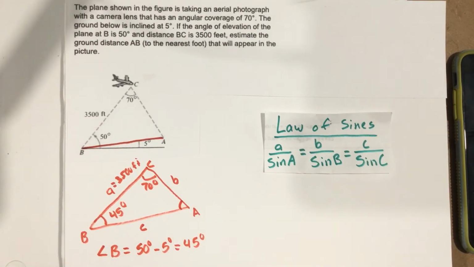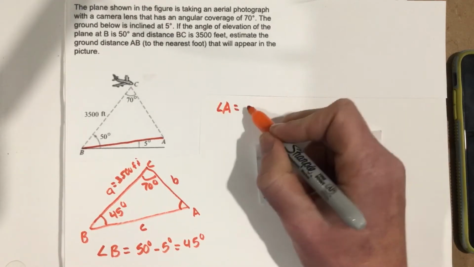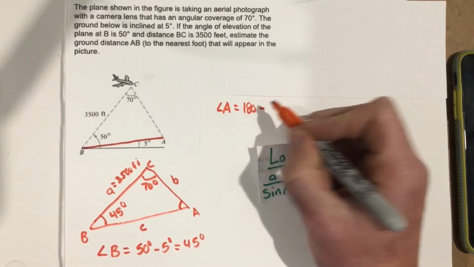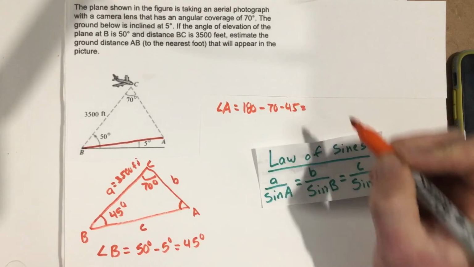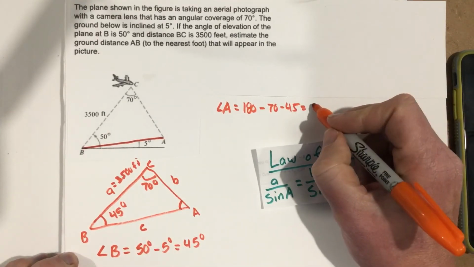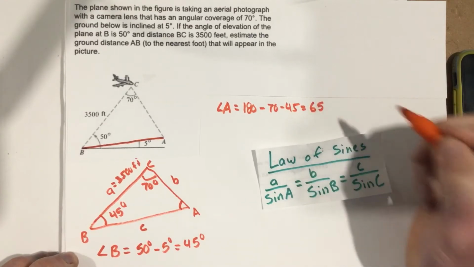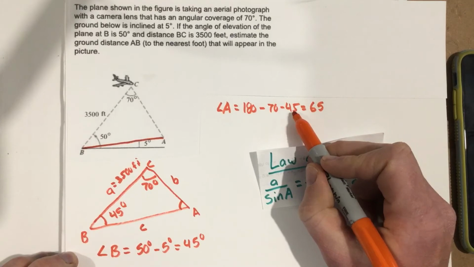But we can find angle A, which we know is going to be 180 degrees minus 70 degrees minus 45. So 180 minus 70 minus 45, I believe that gives you 65. We can double check that. 65 and 45 gives you 110, plus 70.